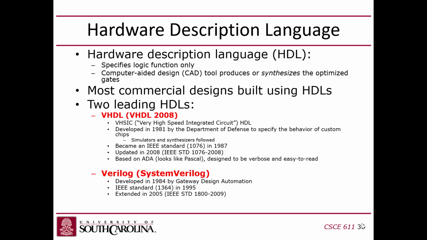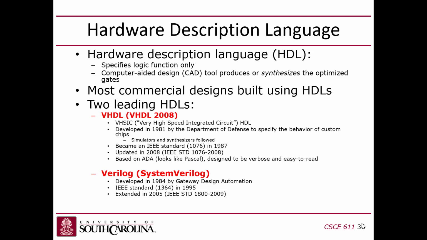So the first HDL was developed as a solution to this problem. The idea was to have a language that we could use as a specification language, a way to define the behavior of a circuit in a very precise way. And so that's when the first HDL, VHDL, came about.